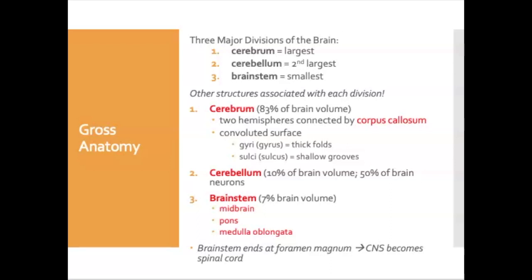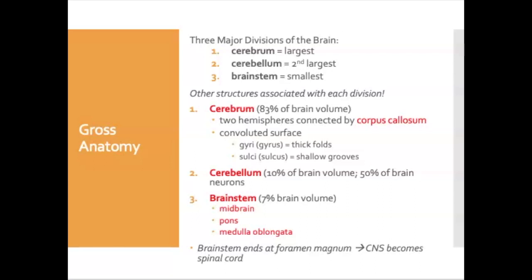The cerebellum is about 10% of the volume of the brain, so a much smaller part of the brain. However, it contains about half of the neurons in the brain.